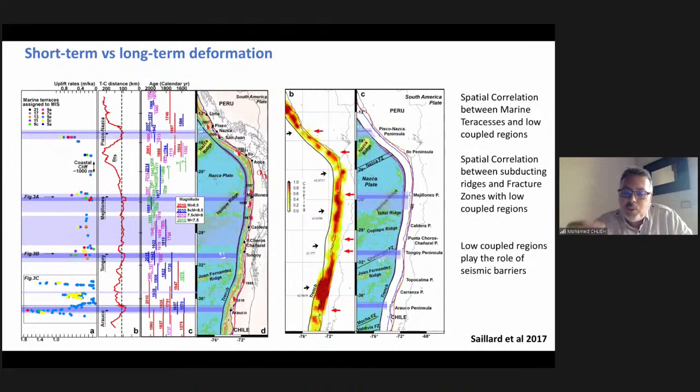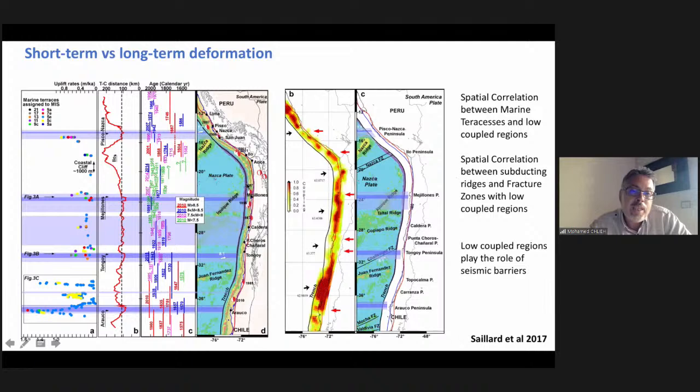Another important point that Anne and Juan Carlos have shown in detail for southern Peru and northern Chile is that we see this characteristic nearly all along the South American plate.